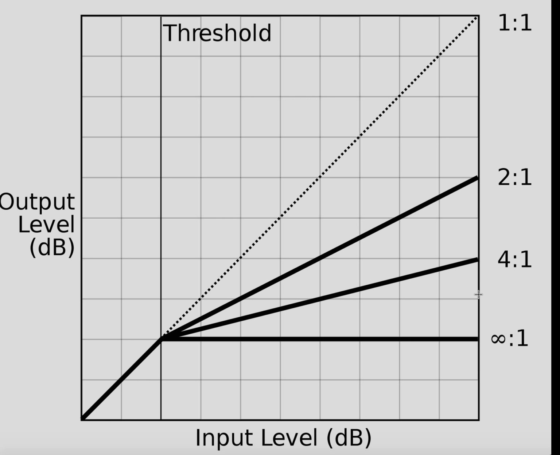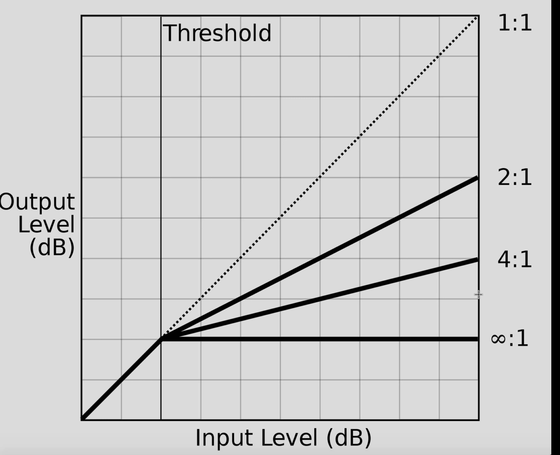I can actually only think of one time in 30 years of mixing that I've ever used an infinity to 1 compression ratio, and that was on drums, on a kick drum in particular. And it was also used, by the way, in conjunction with an expansion algorithm, which does kind of what compression does, except in reverse, and I'll get into that in a little while.